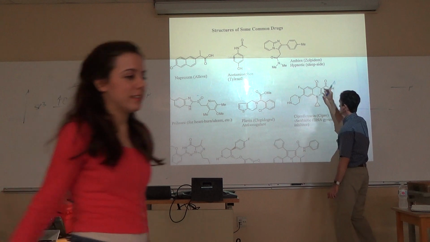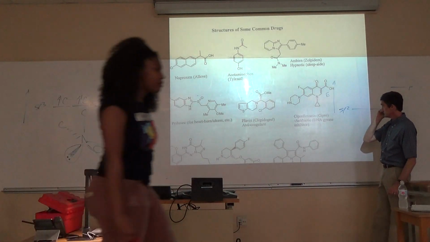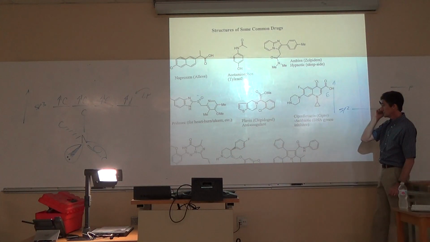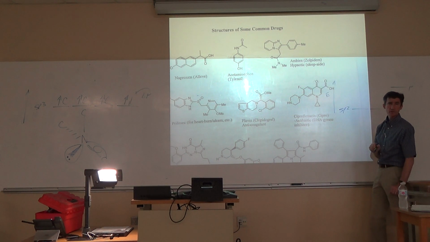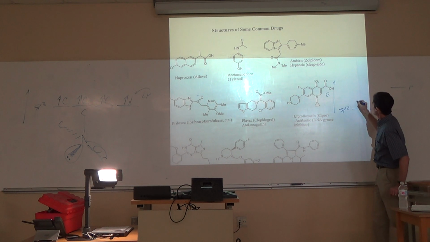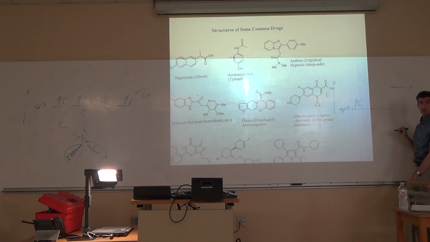What type of bonds do you see this oxygen making? I see a double bond. A double bond is going to consist of a sigma and a pi. Sigma is made using the hybrids: sigma bond to carbon, and a pi bond to carbon.